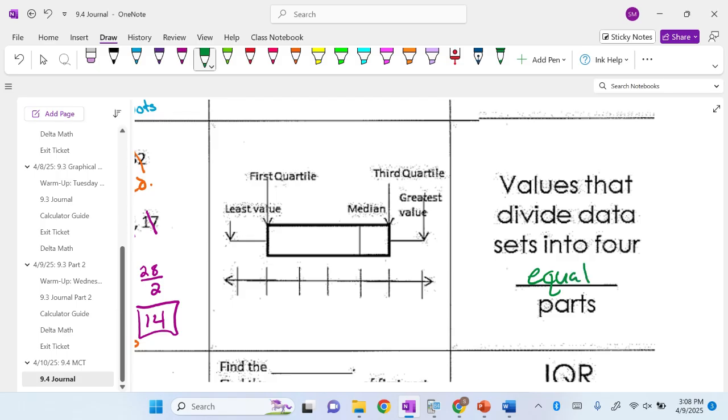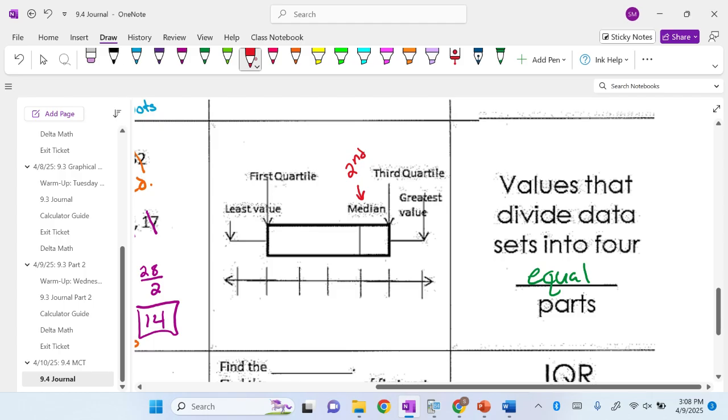So in other words, given our set of data, we should be able to find the first and third quartile. Now, like I said yesterday, first quartile, third quartile, you may be wondering, well, where's the second quartile? That second quartile is the median. So that is technically our second quartile.